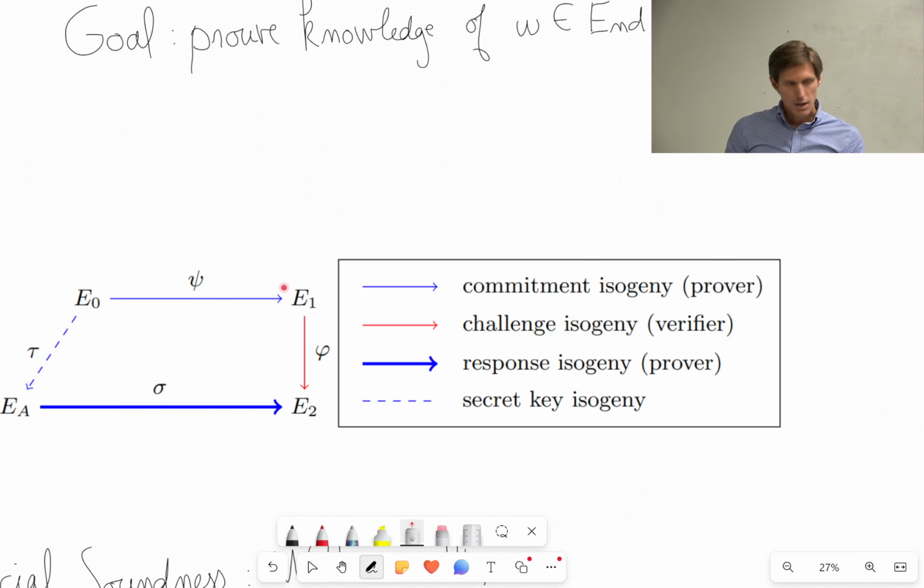They show that to the verifier, and the verifier says, okay, now I give you a challenge, which is I draw an isogeny phi at random, and I publish this curve here. And then the response of the prover is to give this isogeny.